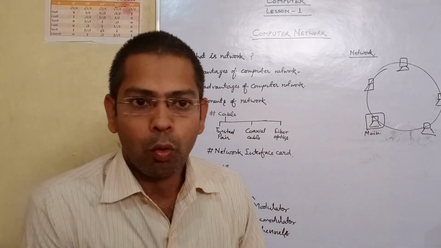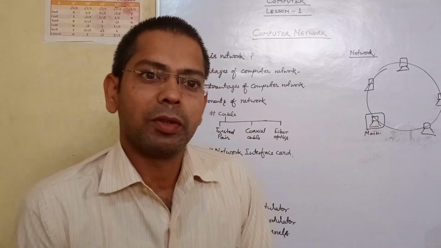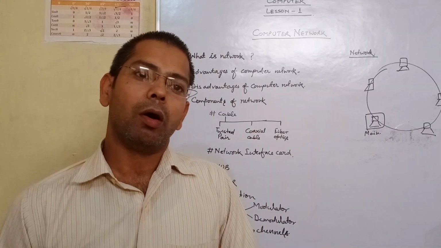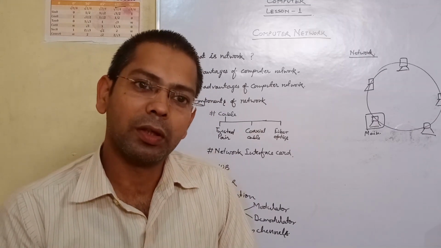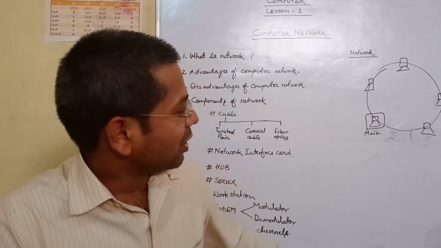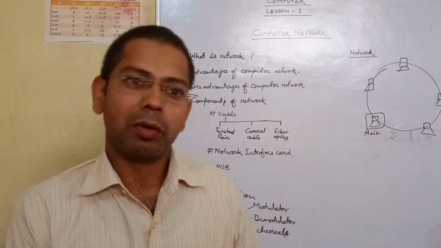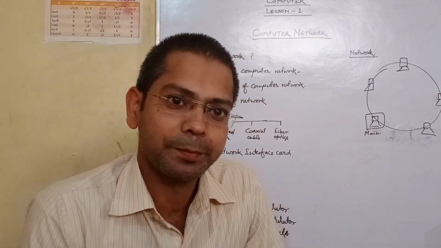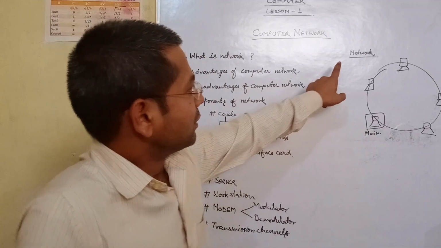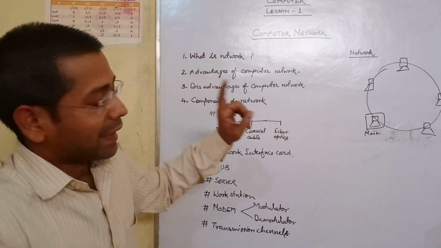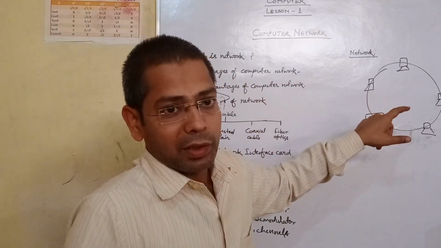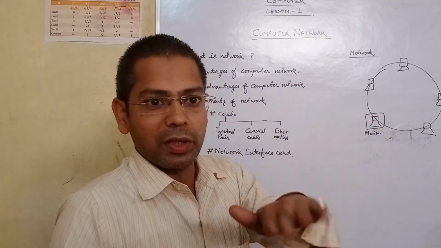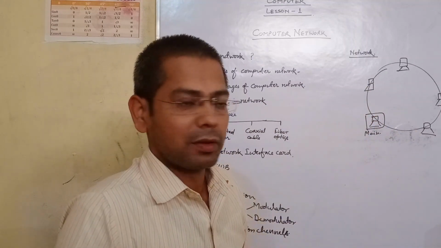That computer holds most of the information, or we can say all of the information, to share with the others. Generally we say main computer, special computer, server. So the term computer network tells us that computers are interconnected to each other to share information.